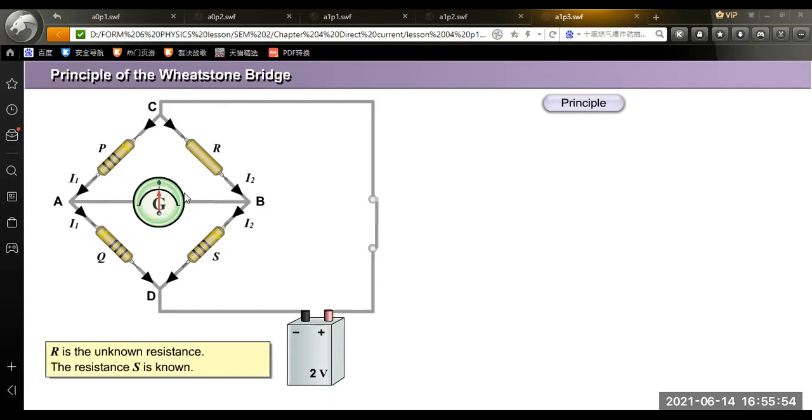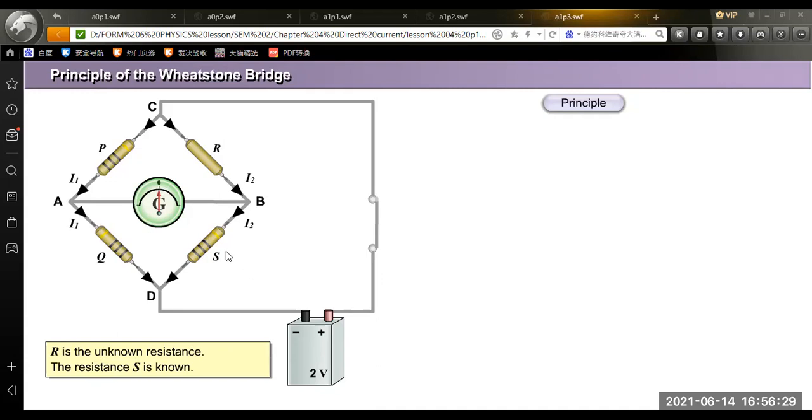And then PQ is parallel with RS. Now, the current flowing through P and Q is I1. The current flowing through R and S is I2. R is the unknown resistance.